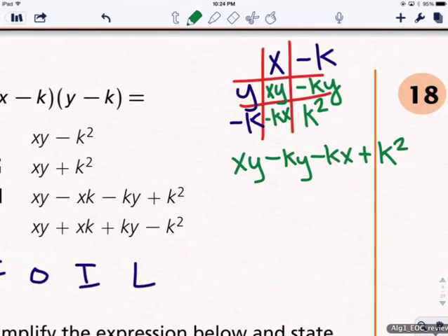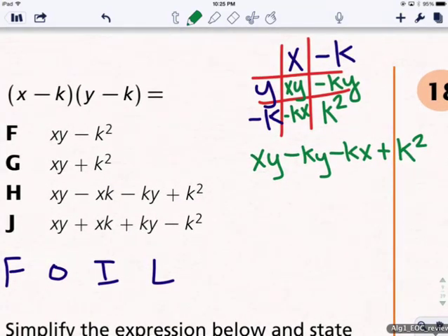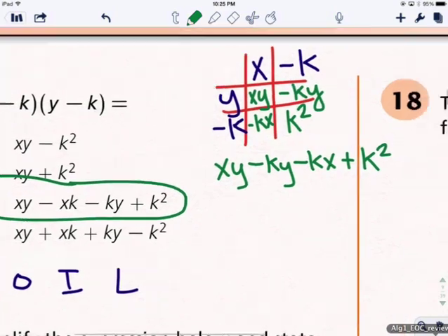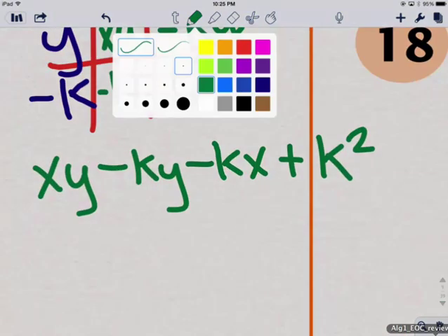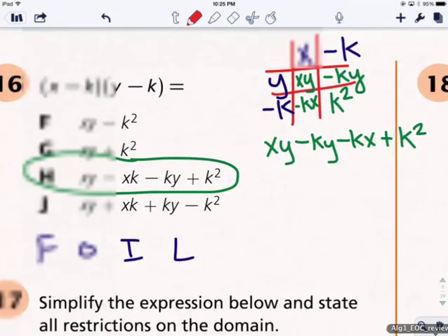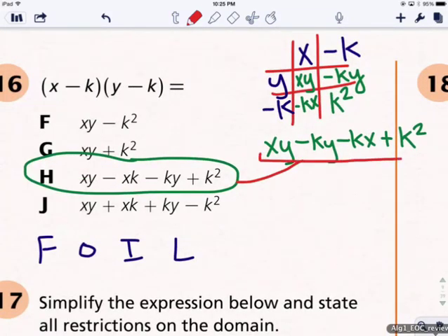Well, it looks like in the answer choices they put the x in front of the k, which is weird, but hopefully you can pretty easily match this with answer choice H. They're following kind of a different convention as far as what letter goes first. But you know that the order of the two factors here does not matter because they're being multiplied. So it doesn't matter if you put ky or yk. Okay? So notice how what we found here matches answer choice H.